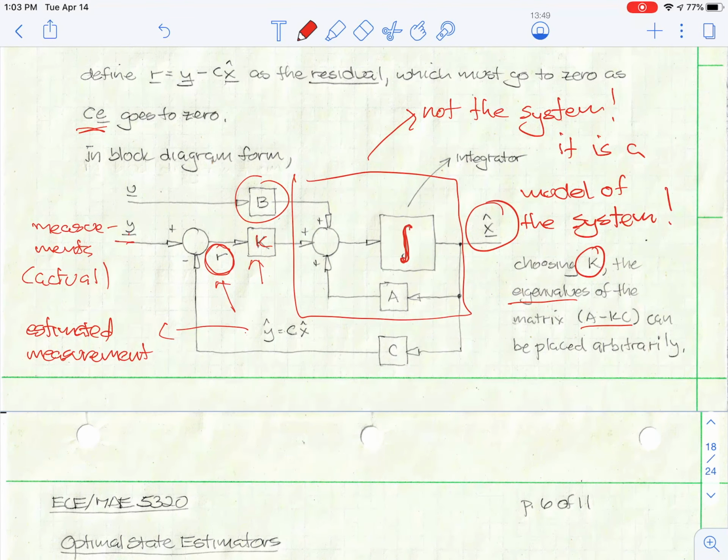Well, I can place the eigenvalues pretty arbitrarily. Sometimes if I try to move them to places that are very, very difficult or require very, very high gains, my mathematics produce what are called ill-conditioned matrices. And that means that an ill-conditioned matrix has components which are vastly different from each other.